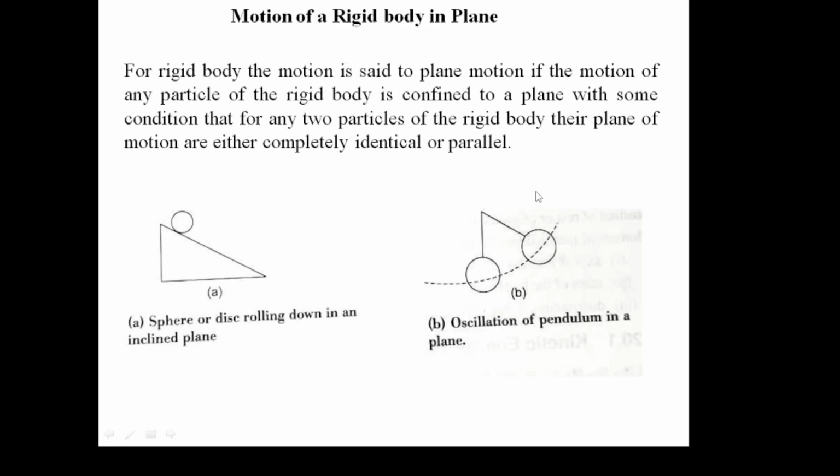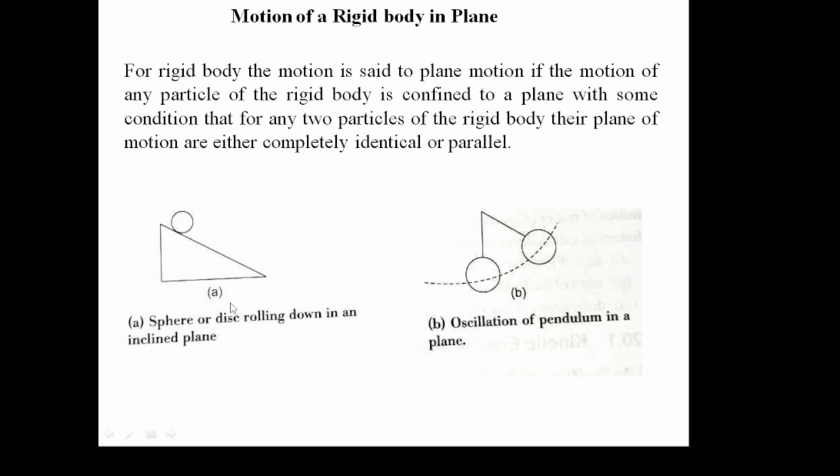Now, the motion of a rigid body in a plane. A rigid body is said to be moving in a plane if the motion of any particle of the rigid body is confined to a plane, with the condition that for any two particles of the rigid body, their planes of motion are either completely identical or parallel.